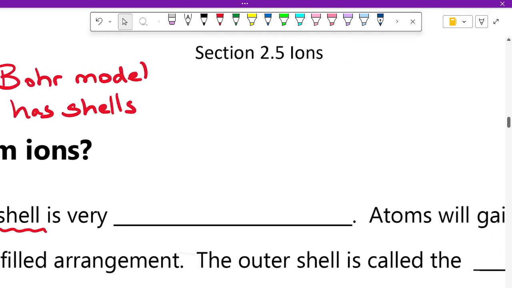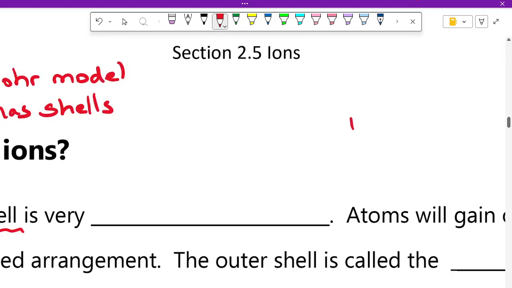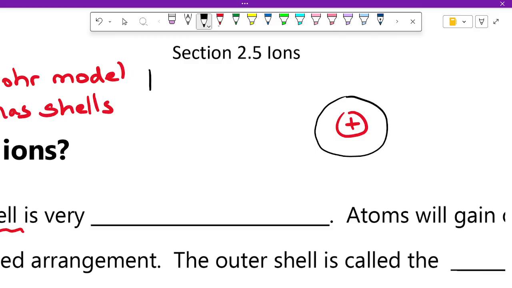And how many electrons was the first shell full with? How many electrons fill the first shell? First shell filled with 2 electrons.